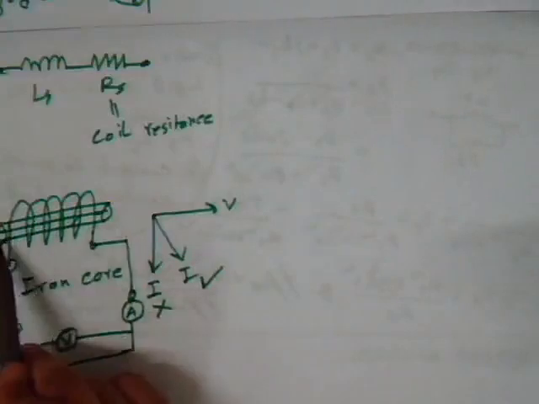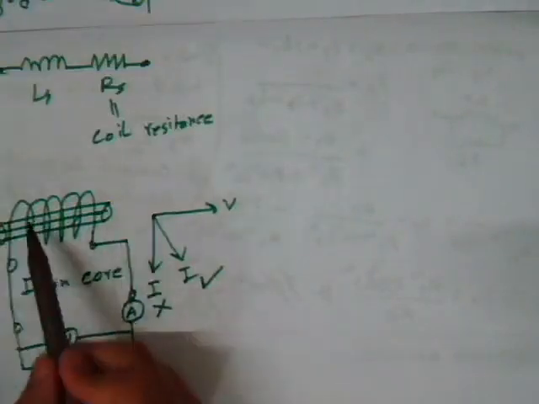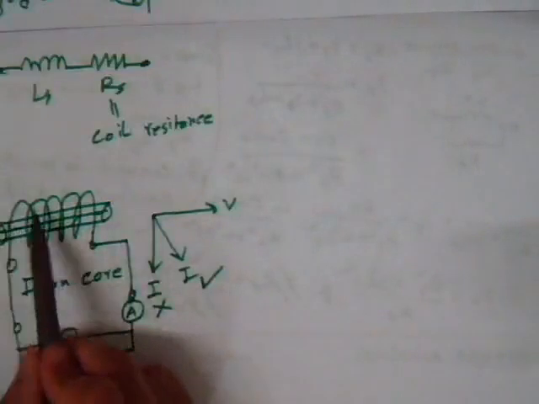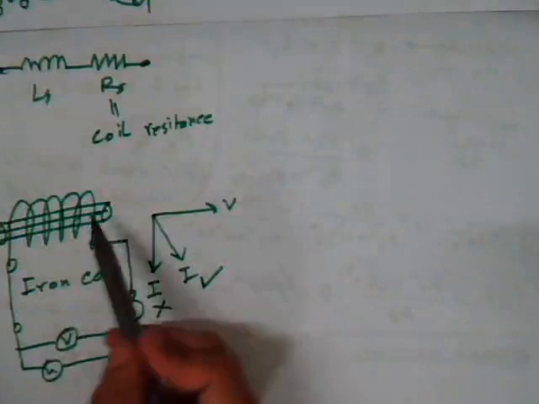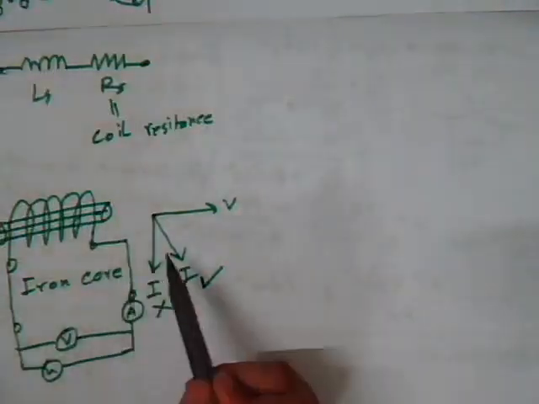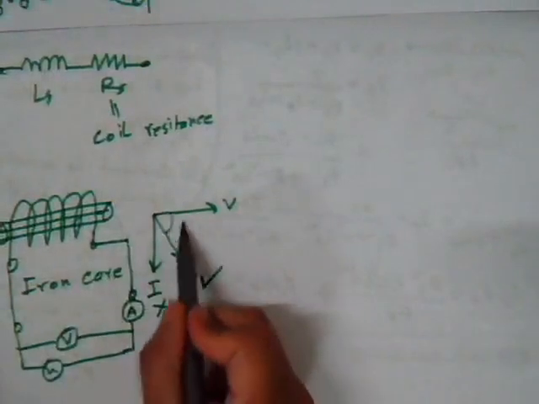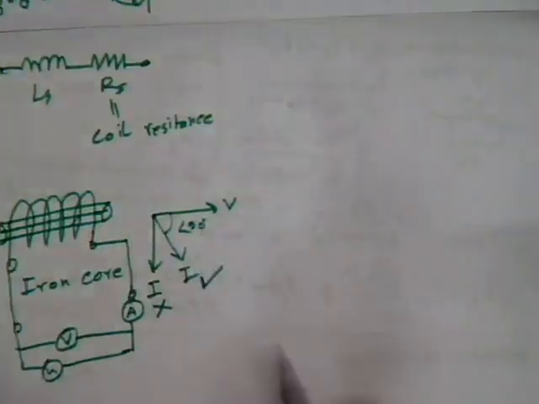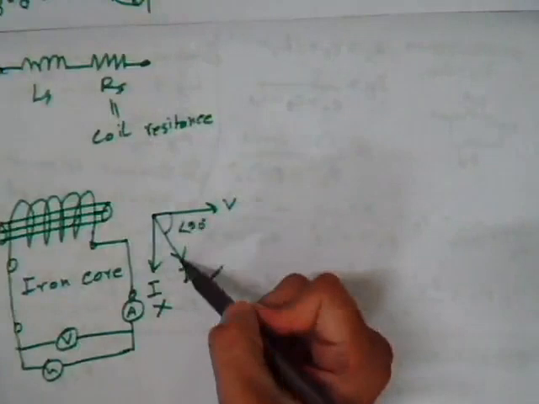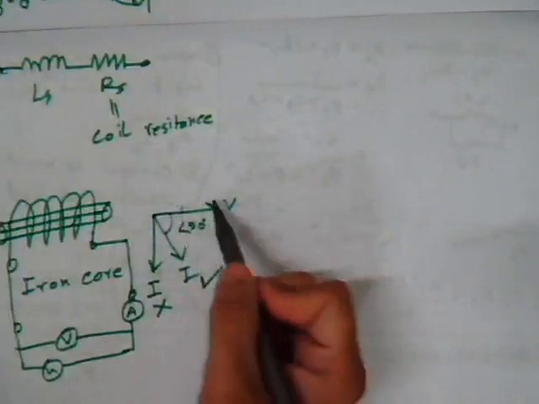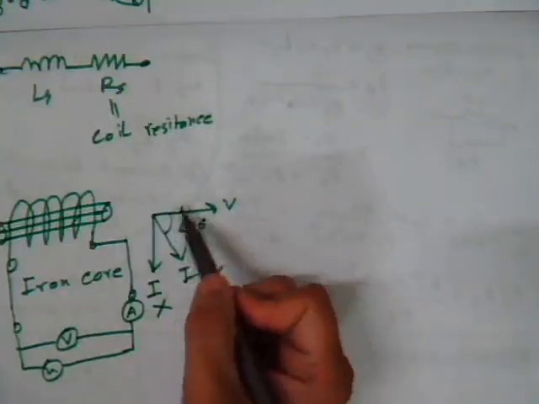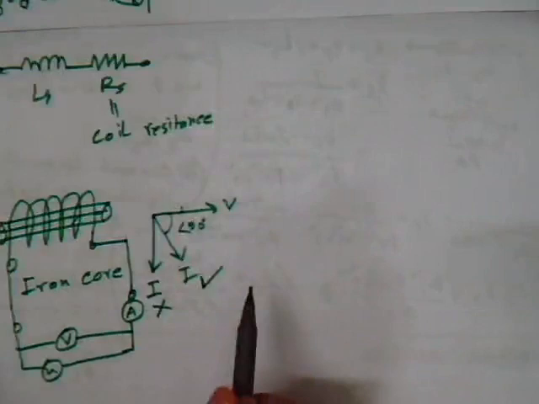Due to hysteresis, the flux in this magnetic circuit won't be in the same phase as the current, rather it will lag the current, and therefore the voltage won't be at 90 degrees with the current, but will have an angle less than 90 degrees. And so this less than 90 degree angle also signifies that there is an active component of current, which signifies the consumption of power in this circuit.